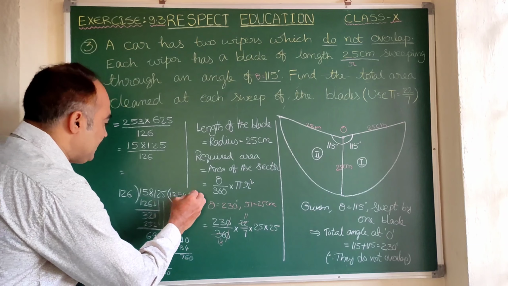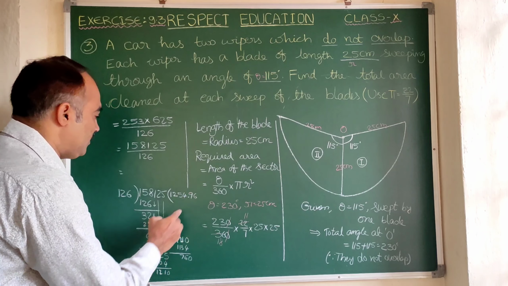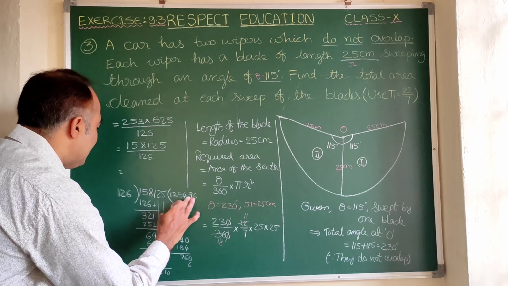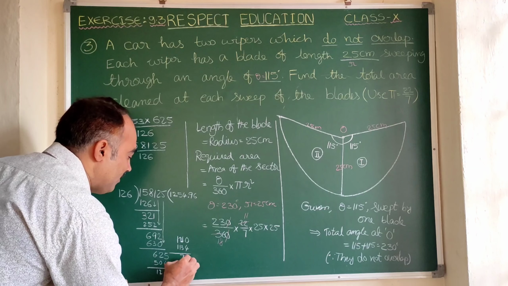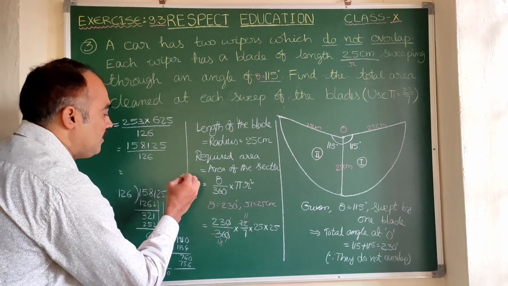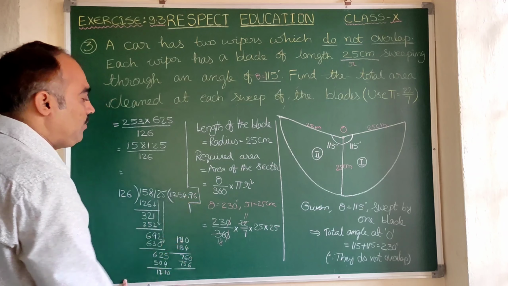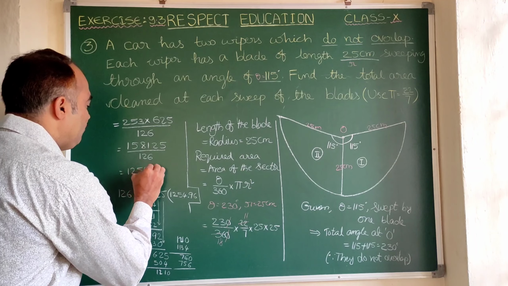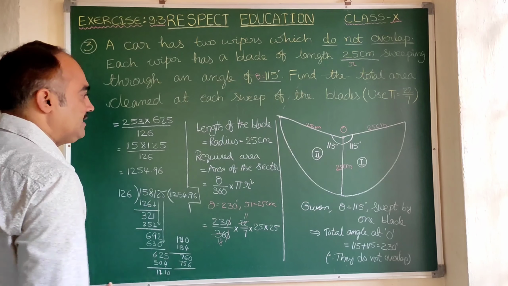Now we can take here, for example, 6 times. 6 6 are 36, 6 2s are 12, 72 plus 3 is 75. So here after the decimal, as we get two values, we can take a pause here. So we can write this as 1254.96.